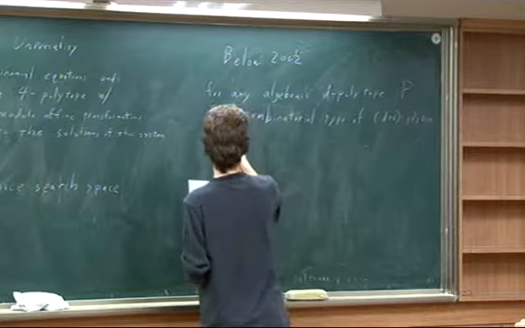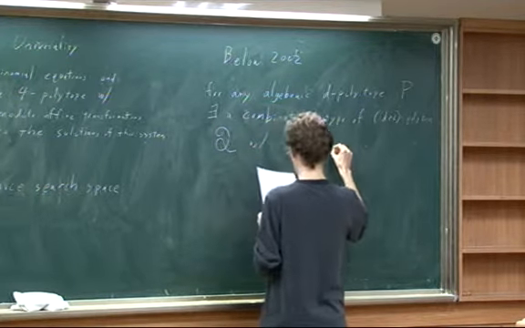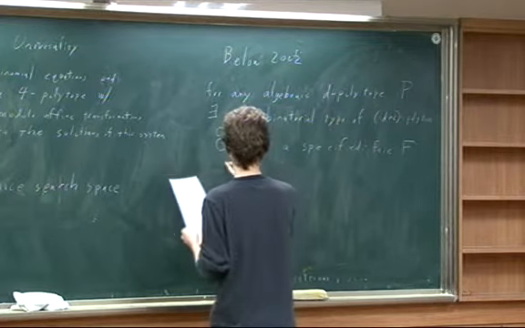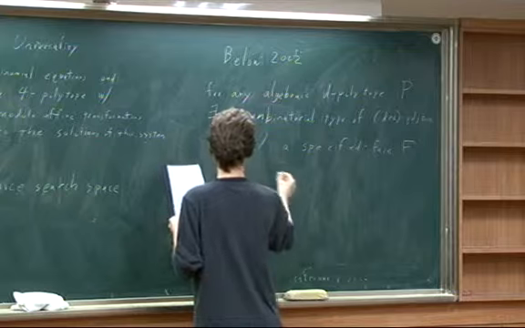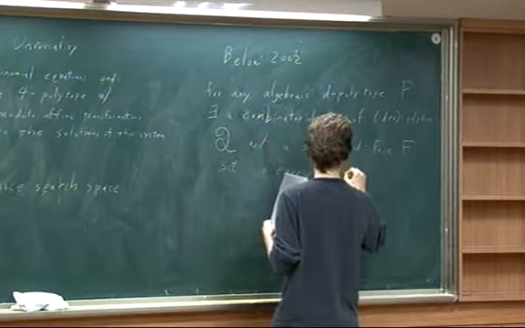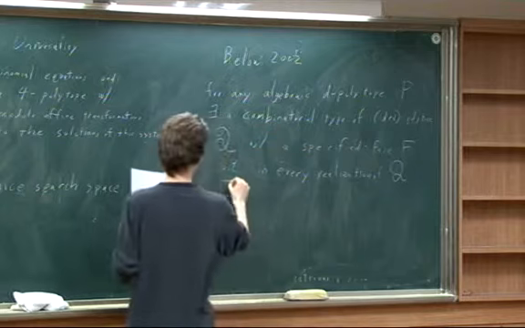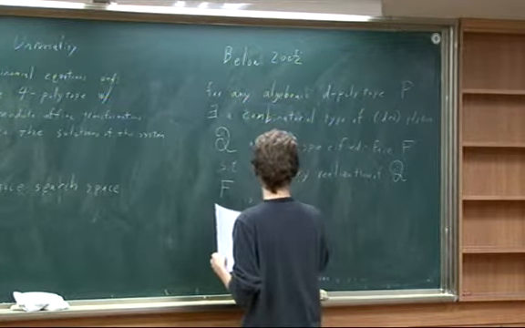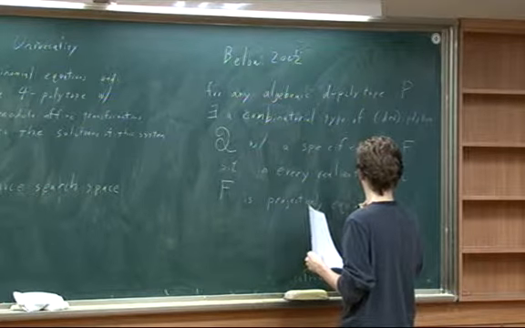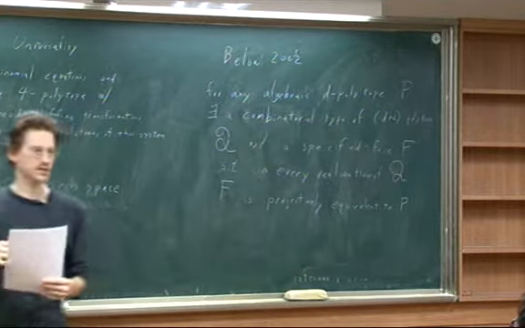I'll call it Q, with a specified face F, so that in every realization of Q, F is projectively equivalent to P. Does this make sense, the meaning of this?